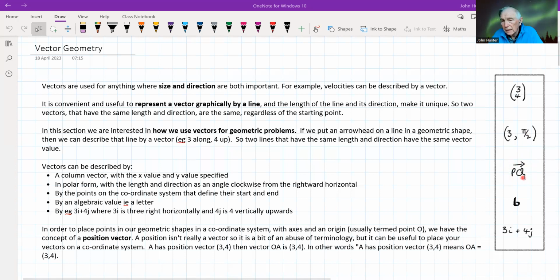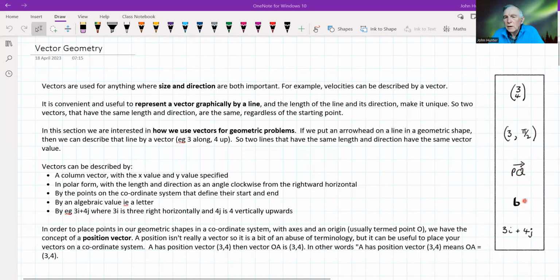Now this is what you might call line segment form. It's basically indicating a piece of our geometric shape, which will have a vector value. So this, with this arrow on top, is indicating that. We'll come to that in a while.